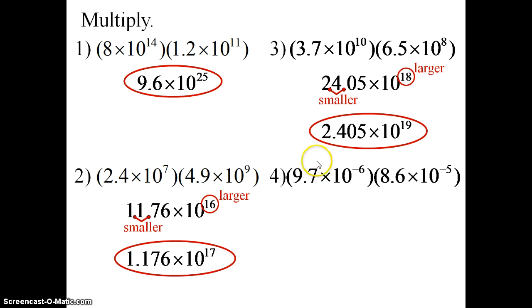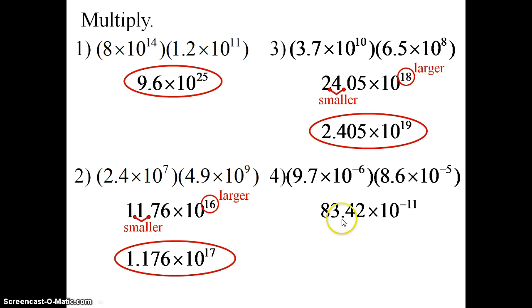And last but not least, same thing, 9.7 times 8.6. However, notice our exponents are negative, so be careful when you're adding your exponents. We know the rule says two of the same signs, you add them, and keep the same sign. So we end up with 83.42. Again, we have to adjust our value here so that it's in between 1 and 10.